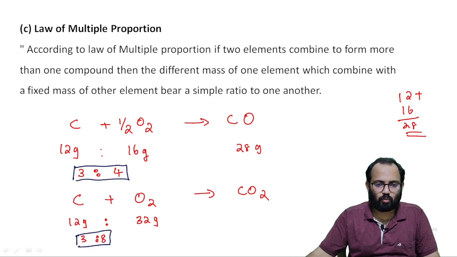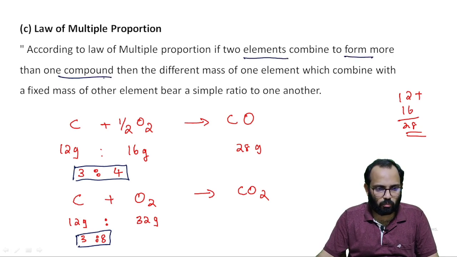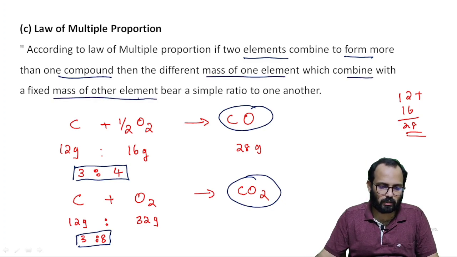Fine. What they are telling, if two elements combine to form more than one compound, two elements carbon and oxygen combine to form more than one compound, the different mass of one element which combines with the fixed mass of the other element. Who got the fixed mass? Carbon got the fixed mass. So this is the variable mass.